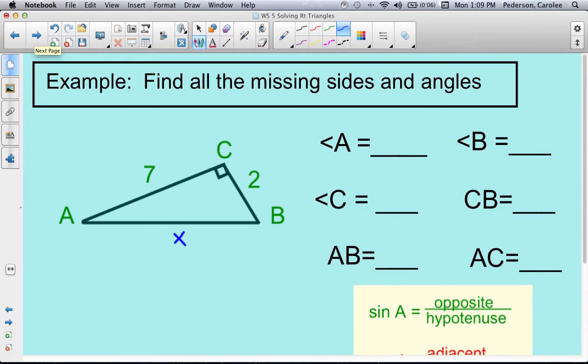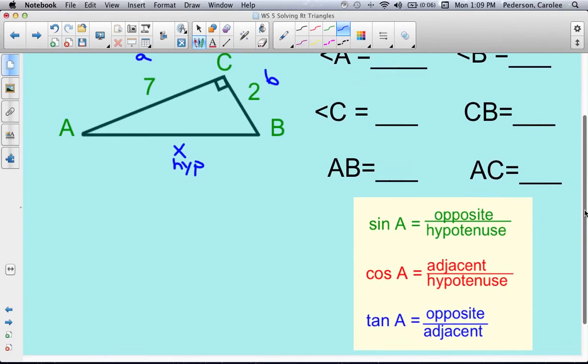So this is the hypotenuse, and then this is A and B. We set up the equation to find x.